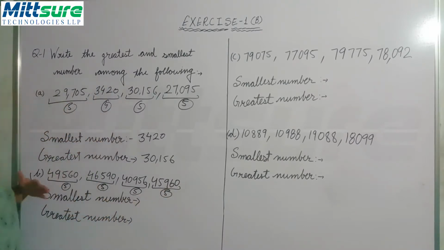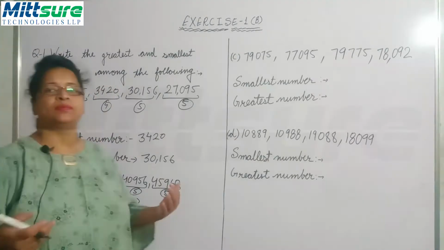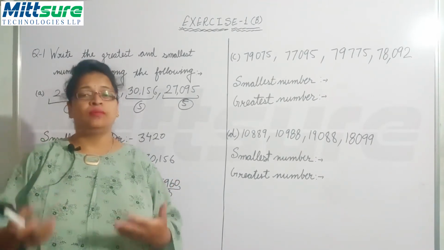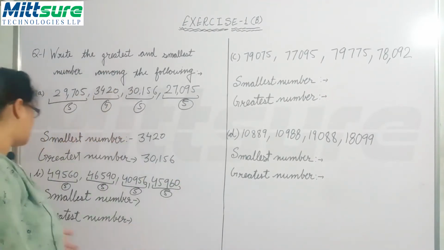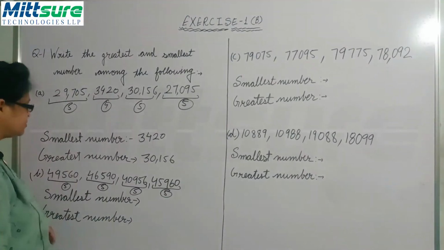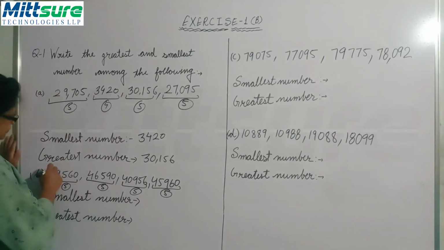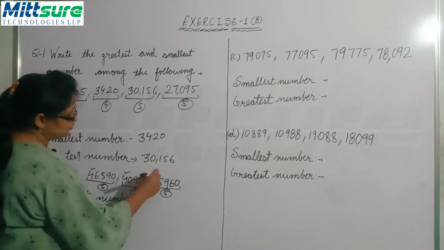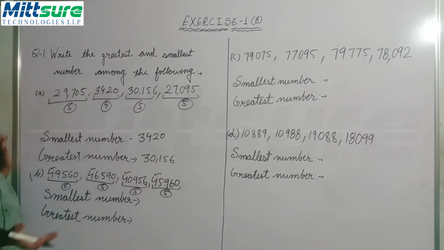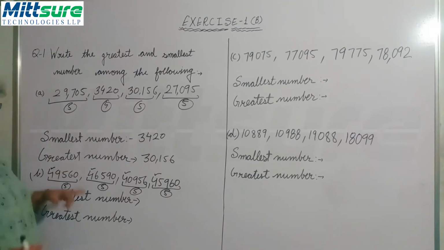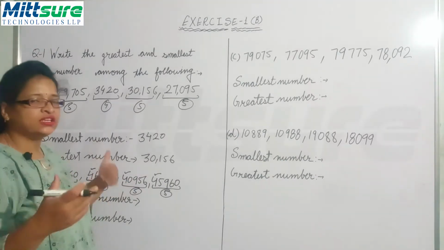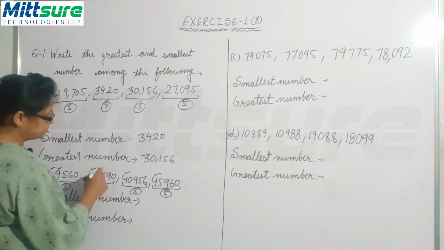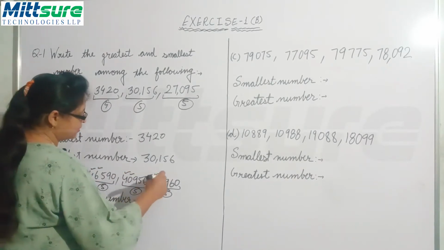Now how will we compare? The first rule is not applied here. All the digits are equal. Now we have to compare the leftmost digit. This number is having 4, this number is having 4, leftmost digit is 4, leftmost digit is 4. Now what should we do? We should compare the next left digit, that is 9 here, that is 6 here, that is 0 here and that is 5 here.